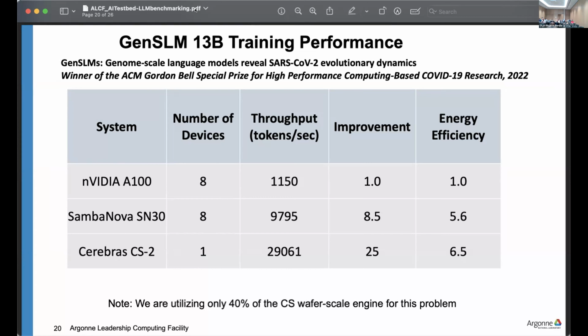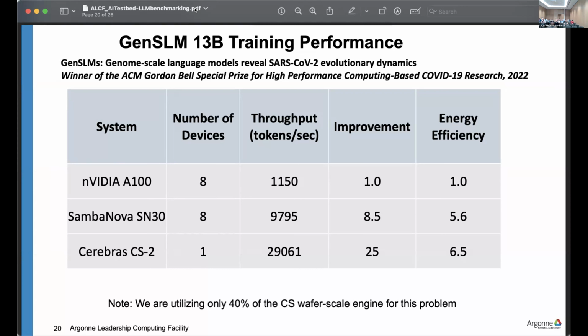If we see this comparison, at least from the CS-2 numbers, we got a 25x improvement on one CS-2 versus 8 A100 GPUs. So there's a very big boost in the performance, the throughput numbers, along with a significant energy efficiency measurement.